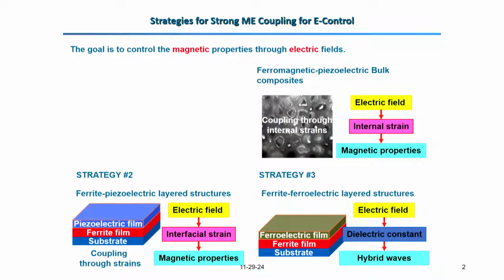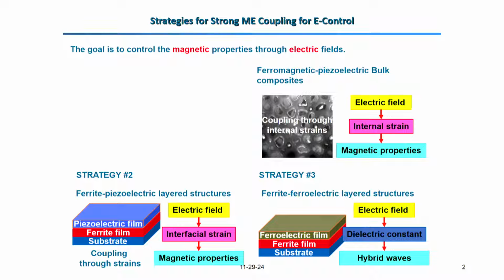And for the case of a layered structure, it is interface strain. If you apply an electric field, there is piezoelectric strain, which would alter the properties of the magnetic phase. This is the one we will be using for most of the applications for tunable ferrite devices.